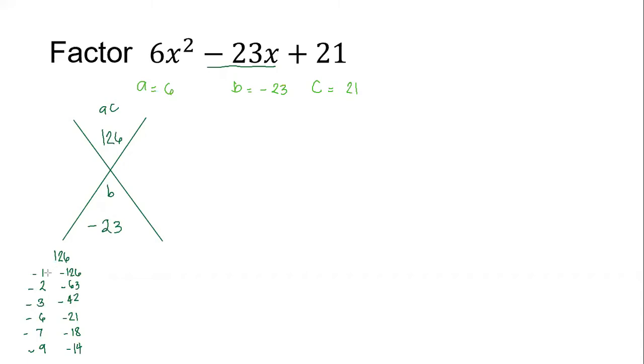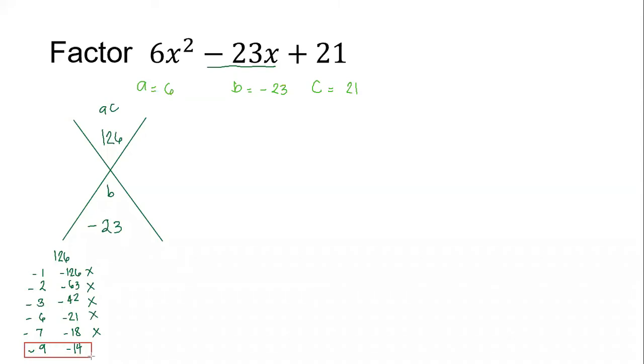So the first one, negative 1 plus negative 126, so that would be negative 127. So basically, that's not the factor. This one is negative 65, so no. This one is negative 45, no. This one is negative 27. This one is negative 25, so no. And the last one is negative 23.